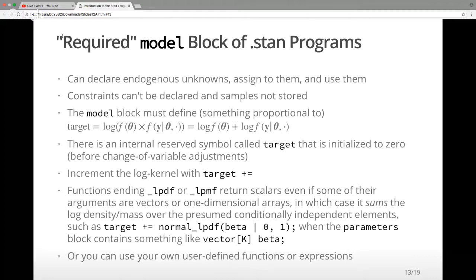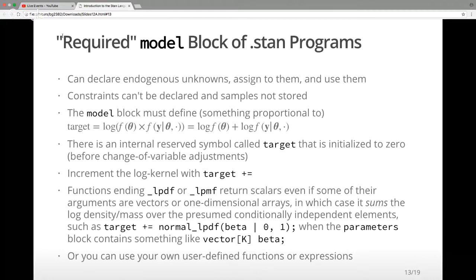Remember, we're dealing with log units here, and so all the contributions to the log kernel are additive. So remember, the logarithm of a product is equal to the sum of the logarithms. So in this case here, we would be adding approximately 2 pieces to target: the logarithm of our prior PDF on theta and the logarithm of the likelihood.